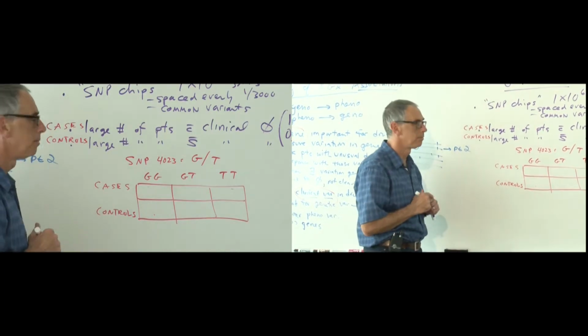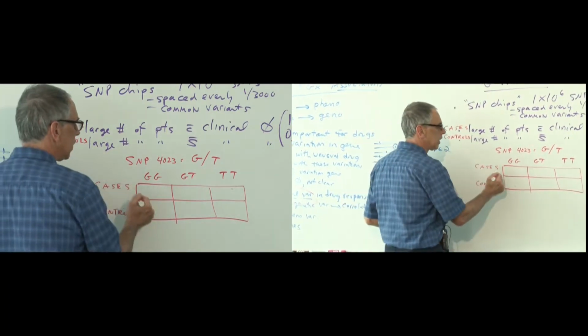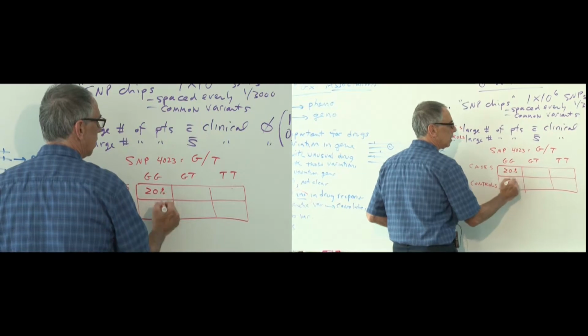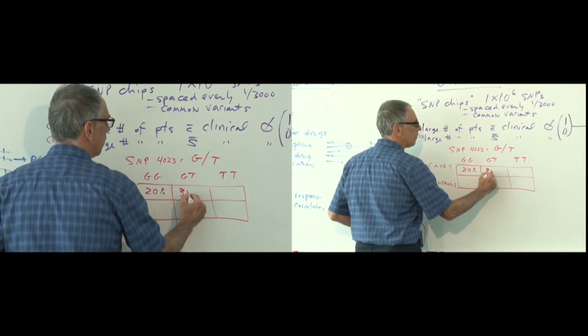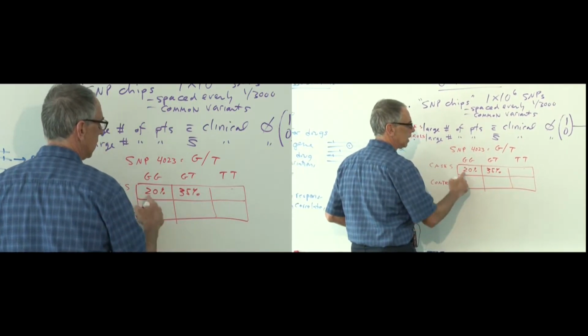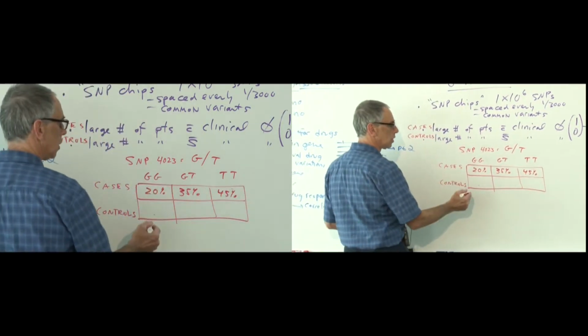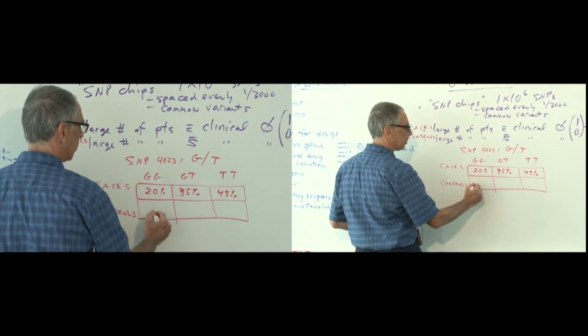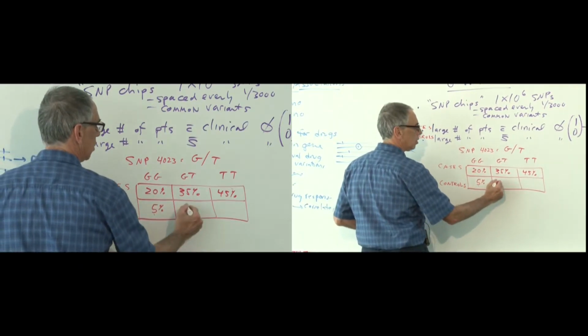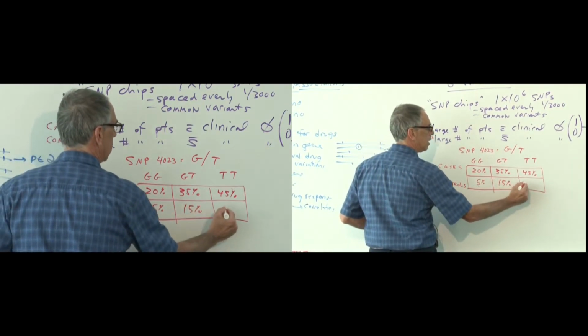And now we see this. For GG, we see 20%. For GT, we see 35%. And for TT, we see 45%. Whereas for the controls, we see 5%, 15%, 80%.